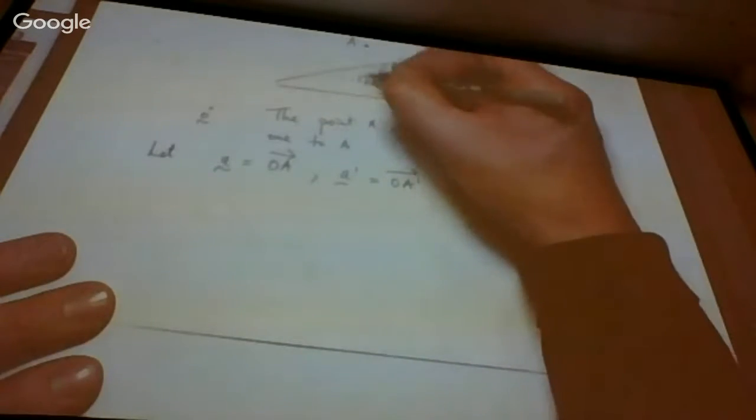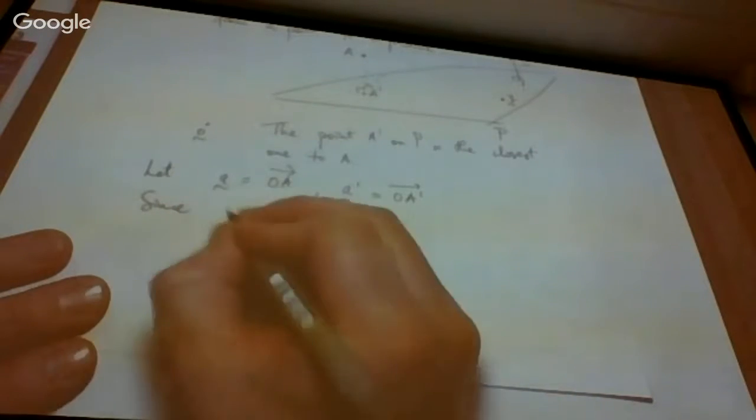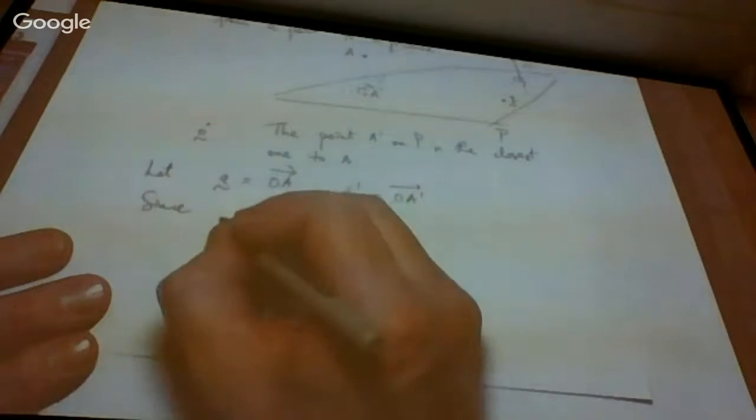So this vector joining A and A prime is going to be little a minus little a prime.